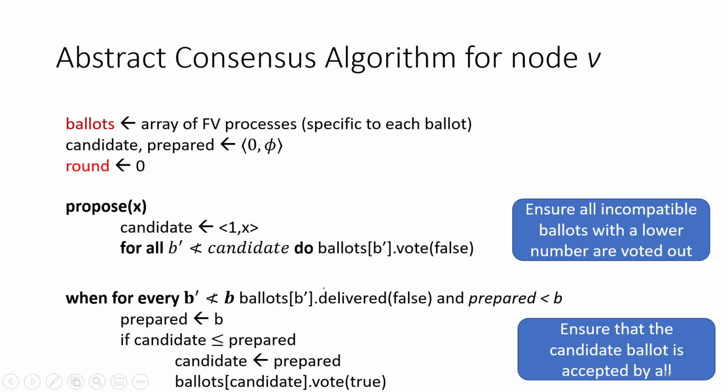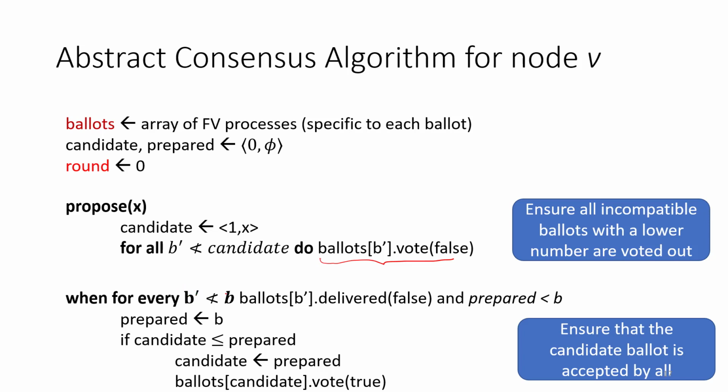Let us now look at the second part. What have we done? We have given an order that all the ballots which are less than and not compatible with the current candidate have to be invalidated first. Of course, here I'm changing the connotations.